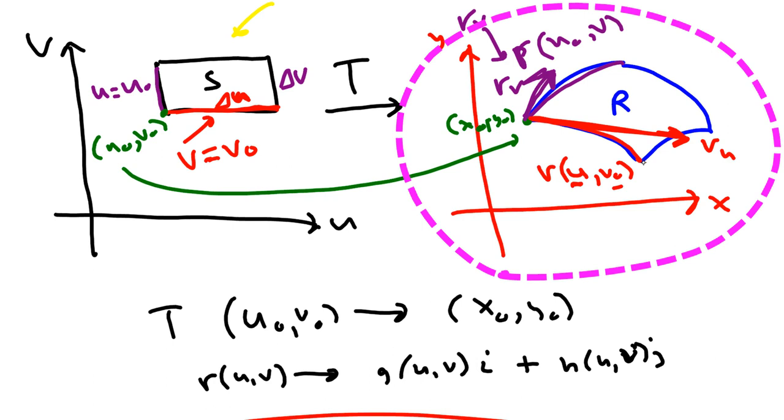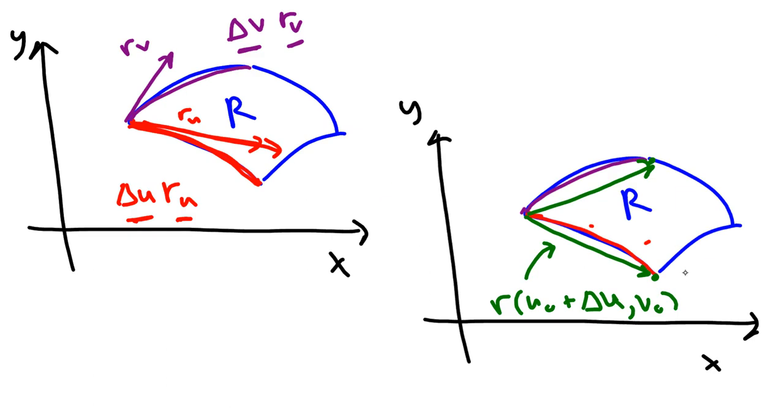So then, if we go over to the picture on the right here, this point out here is the point r of u0 plus delta u comma v0. So that's what's happening, and that's what I'm getting here. Okay, and I should really be more careful.